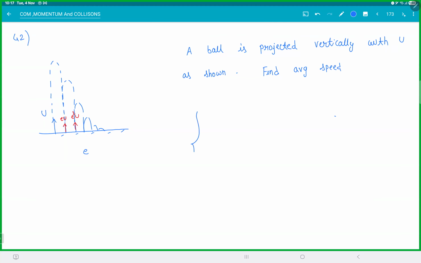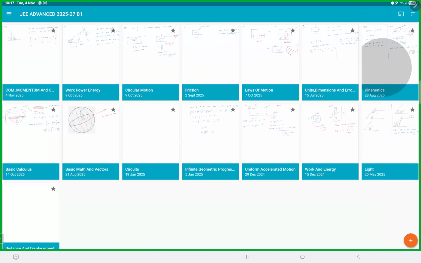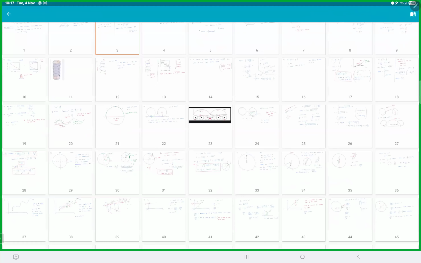In case you guys forgot, S is equal to A plus AR power 1 plus AR square, so on till infinity. Infinite GP. The formula is A by 1 minus R for R less than 1. This we did in kinematics.